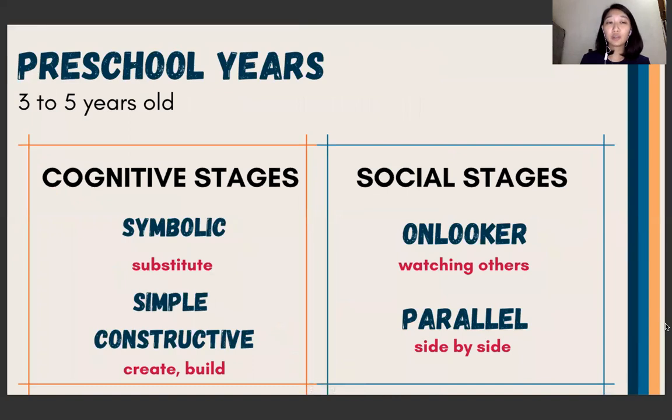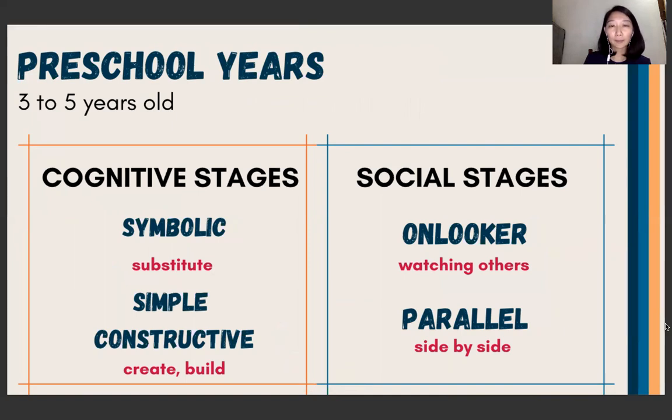For preschool years, ages 3 to 5, the cognitive stages expected are symbolic play, which is a more advanced form of pretend play. Here, the toys or tools are now used to substitute for another object.